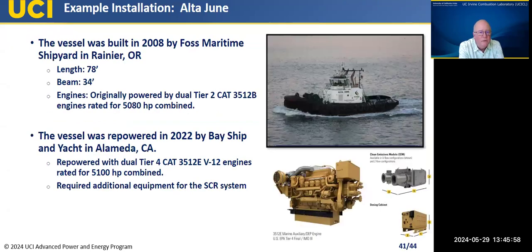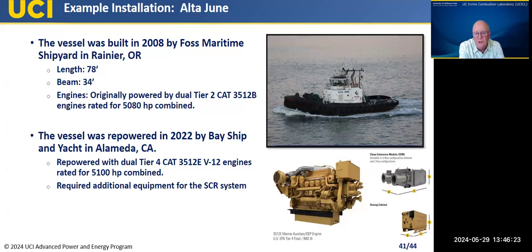This shows some of the details there, right? So originally built in 2008, and it had Tier 2 Cat engines. It was repowered in 2022 by Bay Ship and Yacht, and it's now using the Tier 4 Cat engines, and it's noted there's some additional requirement for the SCR system.